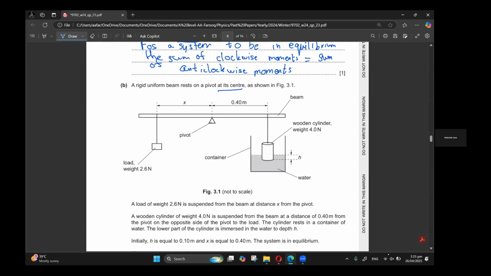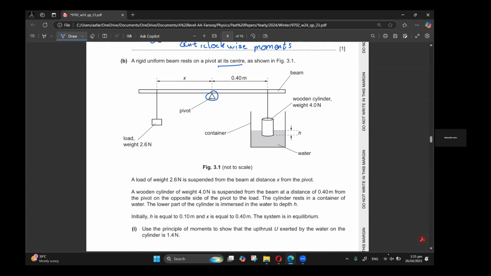A rigid uniform beam rests on a pivot at its center as shown. A load of weight 2.6 Newton is suspended from the beam at a distance x from the pivot.